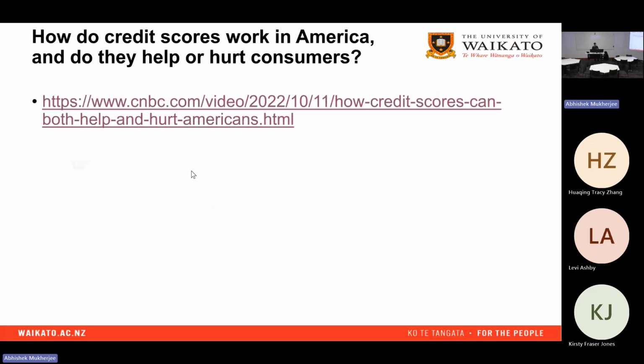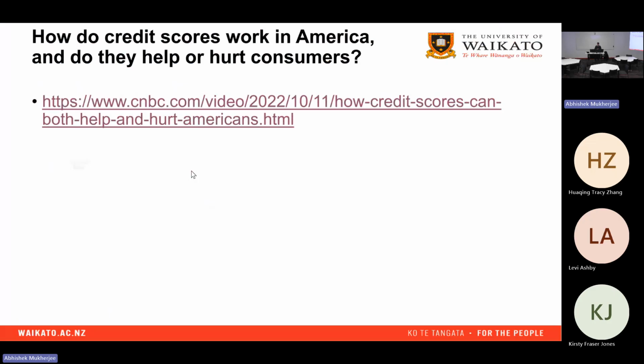During that COVID time, a lot of jobs were lost. That had nothing to do with performance or anything else. It was just the situation at that point. And if the credit scores are affected due to that, at the moment, the credit scoring system is set up in a way that it will not be able to consider those external shocks that we get in our economy.